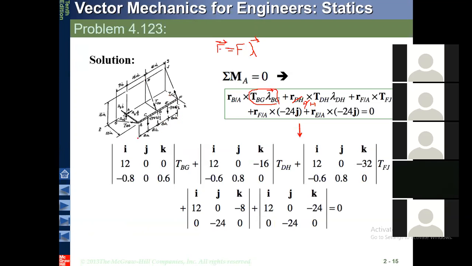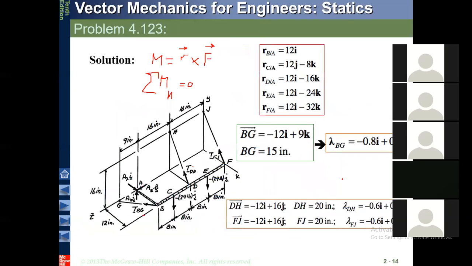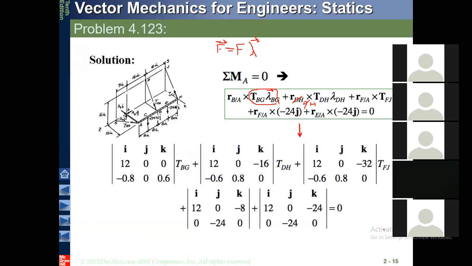Well, you have four 8-inch distances here, so minus 32 inches in the z direction. And you derive lambda for FJ: minus 0.6I plus 0.8J. So you have these three for the first three equations.